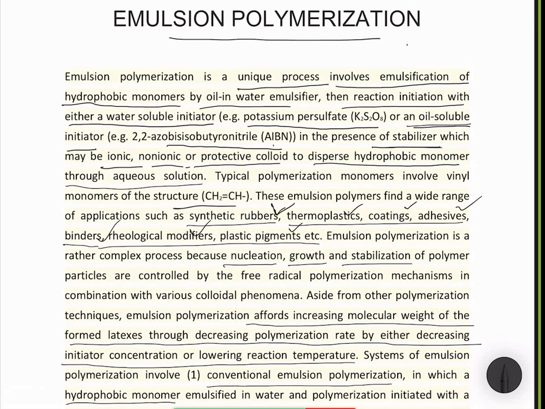So that polymer latex or that emulsion can directly be used as a coating application, in adhesive application, or it can also be used as binders, rheological modifiers, and pigmented plastics, whereby the pigment can be dispersed within the plastics itself in this dispersion or emulsion mode, etc. So pigment modified or pigmented plastics can be obtained from this technique.